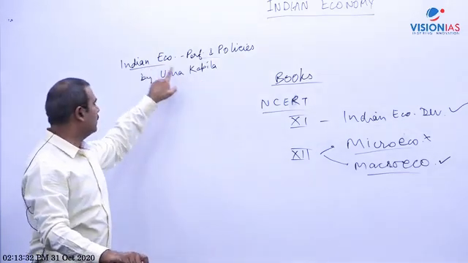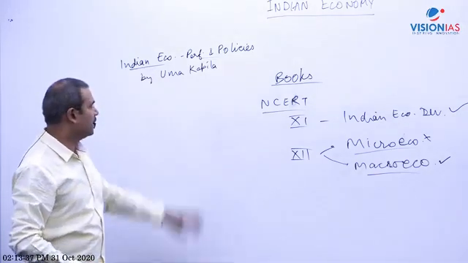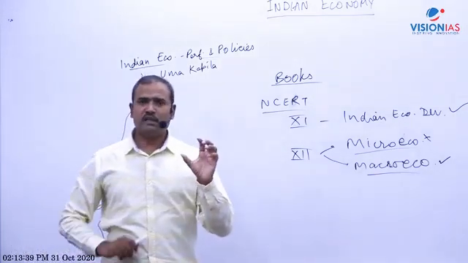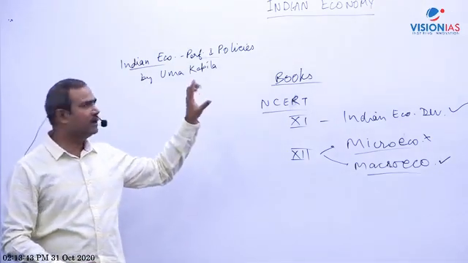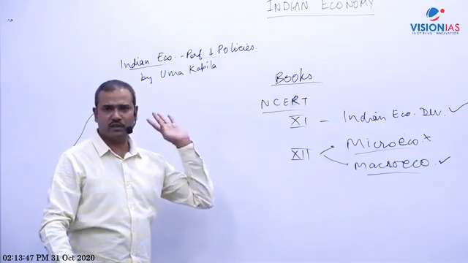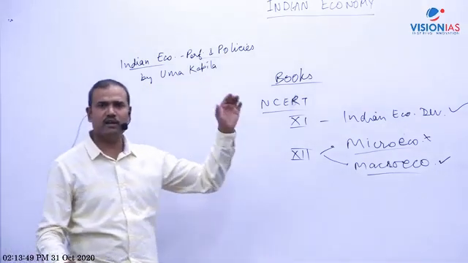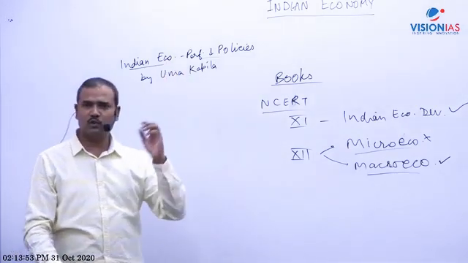This is a good book, but the problem is that it is written for the university exam, mainly Delhi University. So almost 70-75% is relevant for your UPSC, but in no book will you find 100% of the topics.